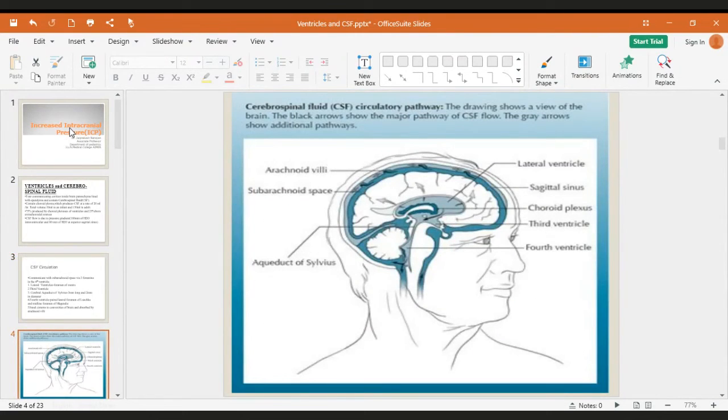This diagram shows how CSF flows from the lateral ventricle to the third ventricle, then through the aqueduct of Sylvius to the fourth ventricle and toward the whole system.